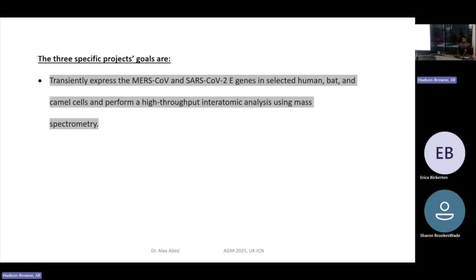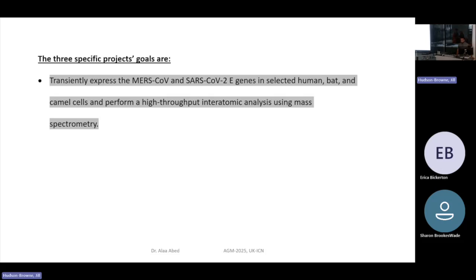I will go through this now a little bit more specifically. I have 3 specific project goals. The first is to transiently express the MERS coronavirus and SARS-CoV-2 genes in selected human, bat, and camel cells, and perform a high-throughput interactomic analysis using mass spectrometry.